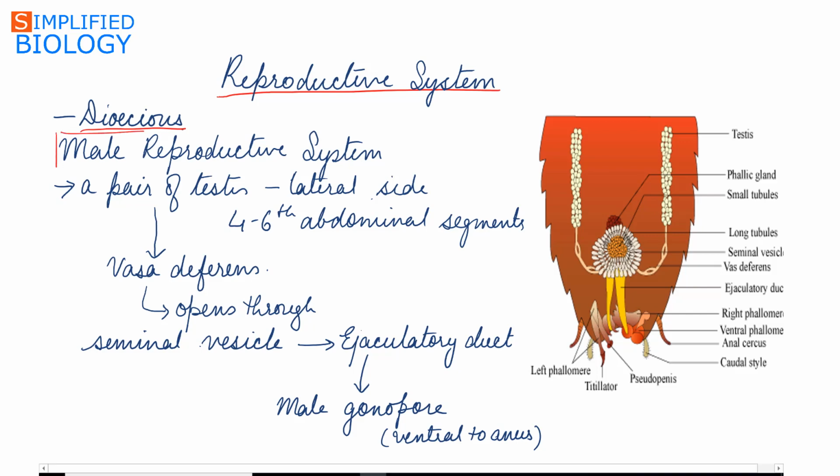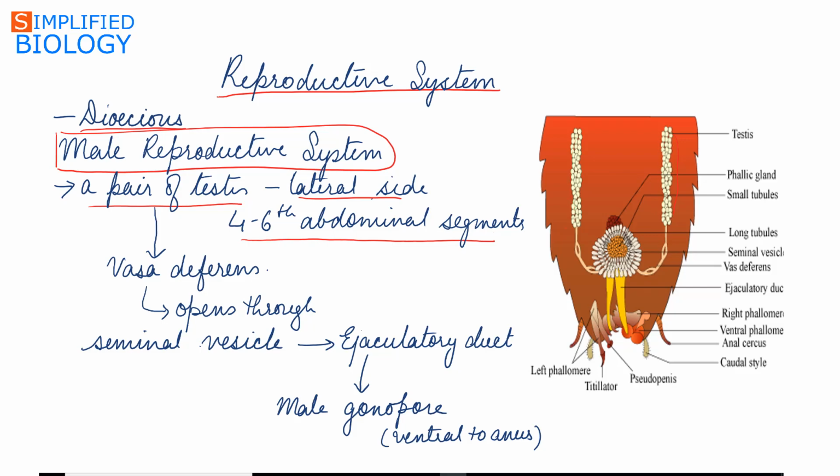Starting with the male reproductive system. The male reproductive system has a pair of testes, which are small trilobed structures lying on the lateral side of 4 to 6 abdominal segments. Now from the testes, these are the testes, arises a thin tube called the vasa deferens.